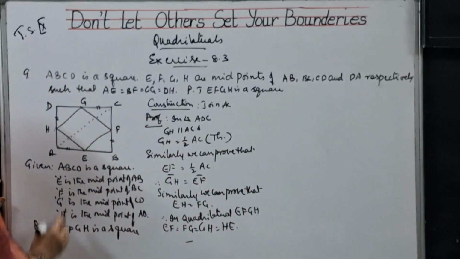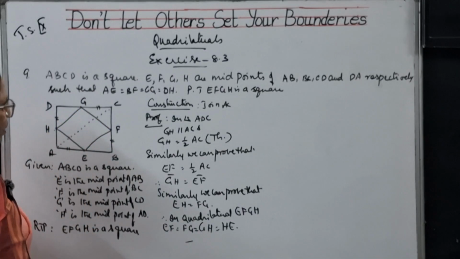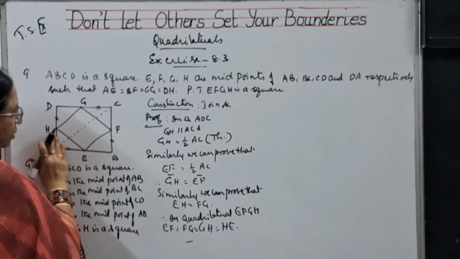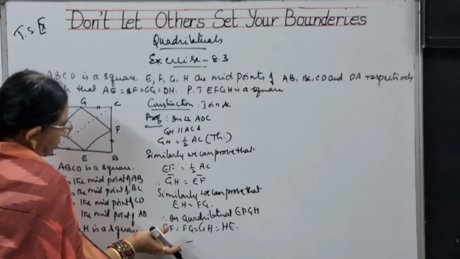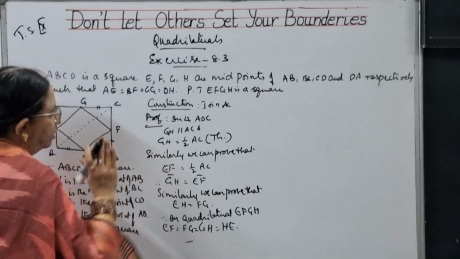So what have we proved? All these sides are equal. Now, when sides are equal, it might be a rhombus or it might be a square. So we need to prove that it is a square.